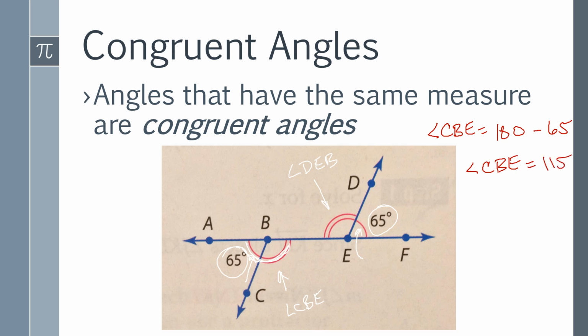I can do the same thing with angle DEB. Angle DEB is also 180 minus 65, so angle DEB is equal to 115. Well, what's the rule? The rule is that if they have the same measurement, therefore they have the same markings.